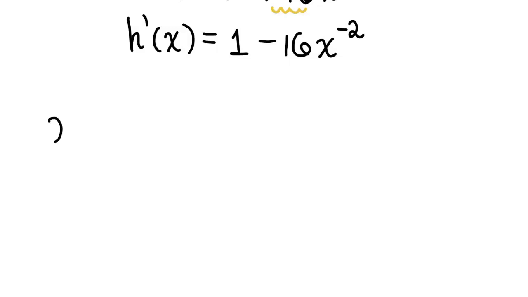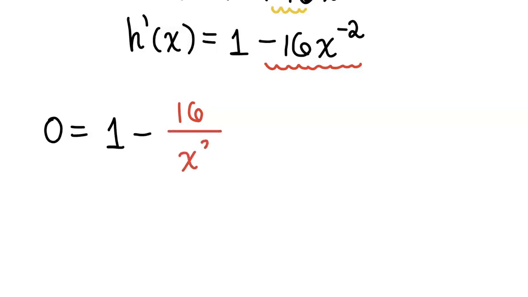So I'm going to say 0 equals 1 minus. And I think it will be easier if I put this back in fraction form. So look how I rewrite this right here. I can write the whole thing the same, but I'm going to write it as 16 over x to the what power? Positive second power. And I'm going to solve this equation to find that first critical value.